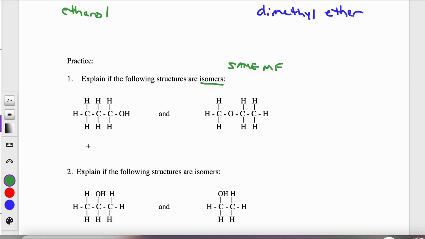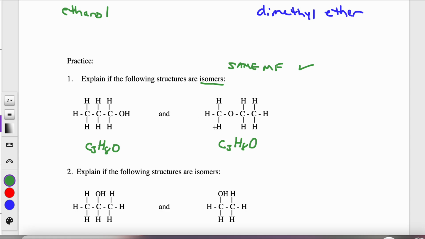So if I take a look at this, this is C3H8O. Here's this molecule: C3H8O. So they have the same molecular formula.